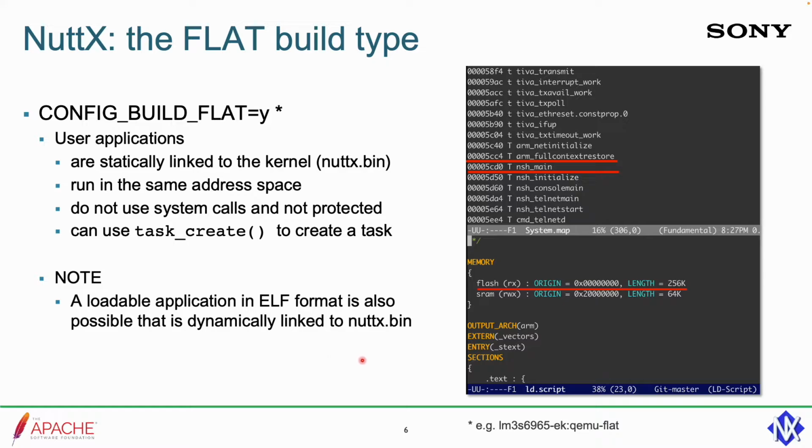As you can see in the linker script and the map file, kernel code, for example, ARM full context restore and application code, for example, knsh main, exist in the same area. In addition, a loadable application is possible, so that is dynamically linked to the kernel.